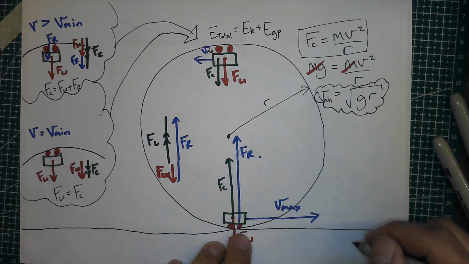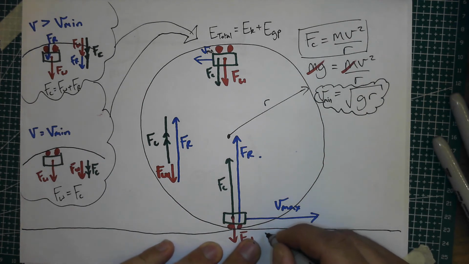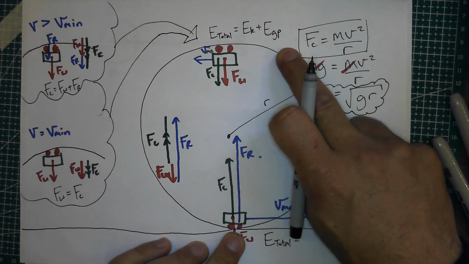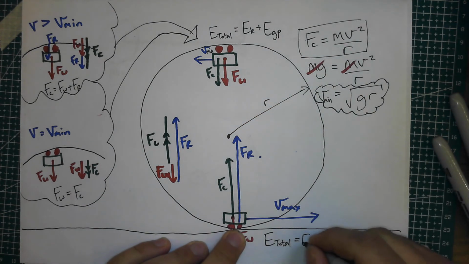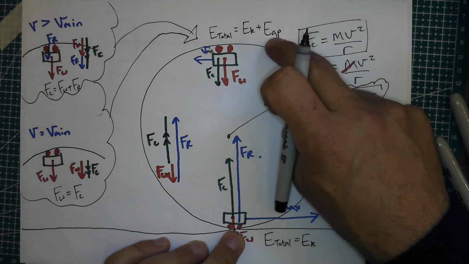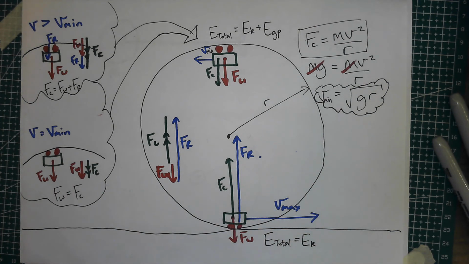And down the bottom here, the total energy is going to be the same. So this is an energy conservation problem. But this time, because it's at the ground level, it doesn't have any gravitational potential energy, it's only got kinetic energy. Okay, so this extra gravitational potential energy up here has been converted into kinetic energy down the bottom here.